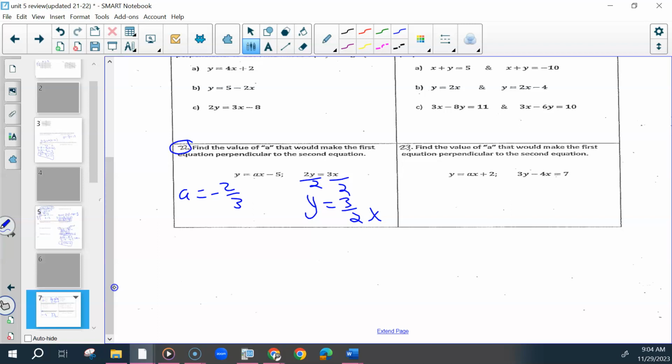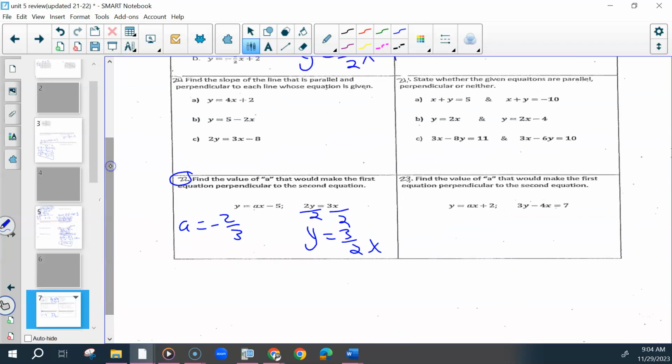Are there any other questions on this page you want to go over? So for these, we have to state whether the given equations are parallel, perpendicular, or neither.